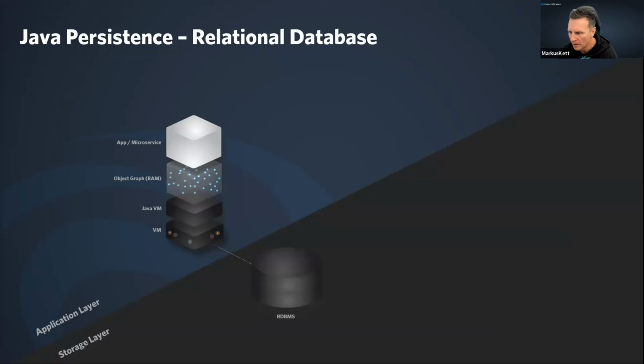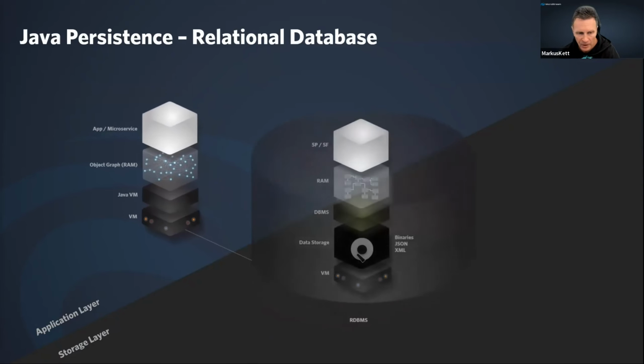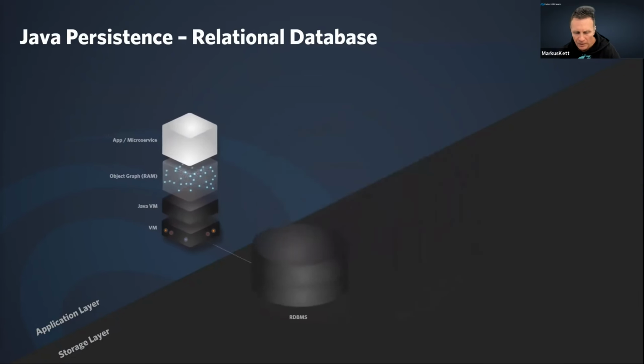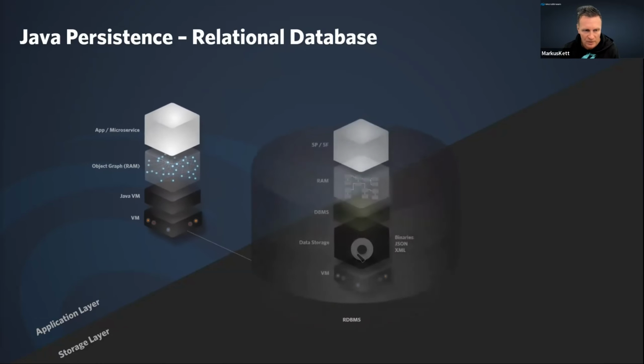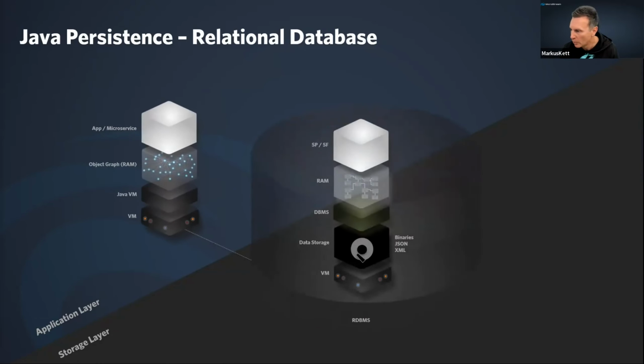The object graph in memory, we have a JVM, and we have a machine instance, and we have, let's say, a relational database. It's very important to understand how the database works internally. Most of you guys know it already, but sometimes we forget it. Because we submit an SQL to a database, and a database is a black box. But here is how it works.